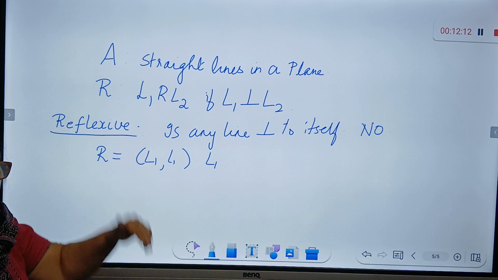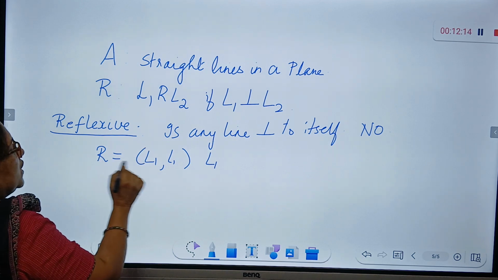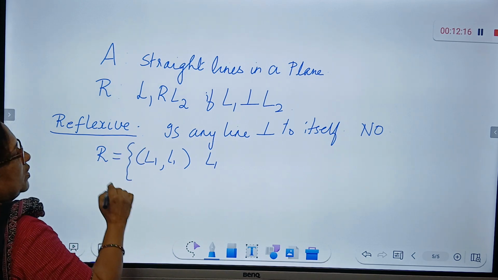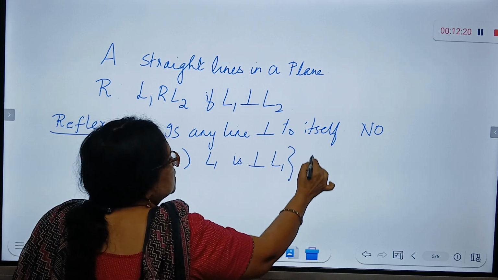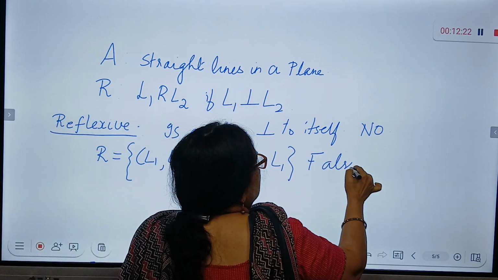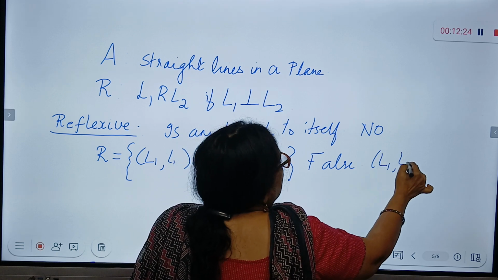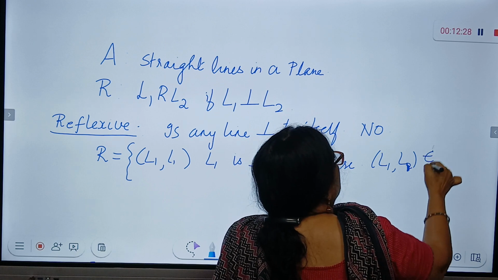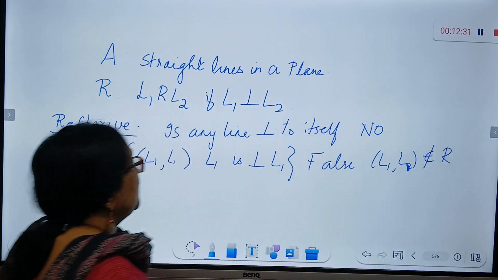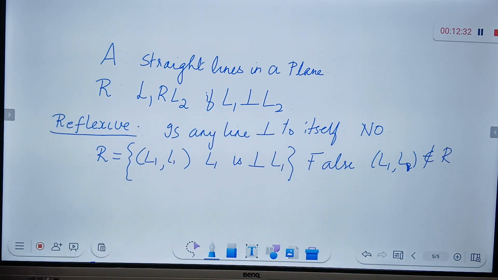Then L1 should be perpendicular to itself, which is a false statement. So (L1, L1) does not belong to R. Therefore, it is not reflexive.